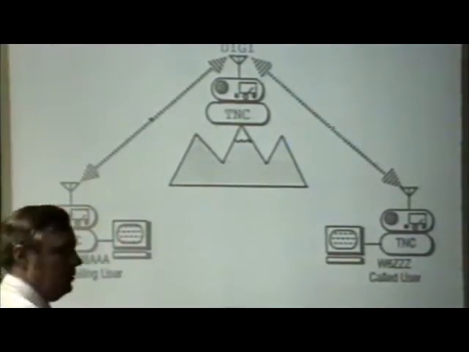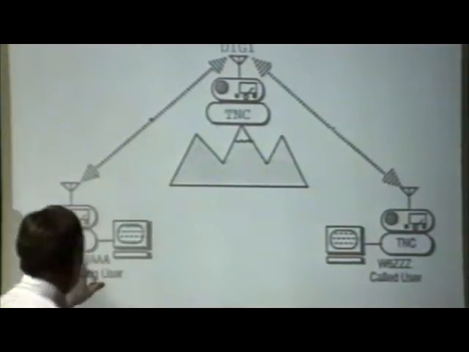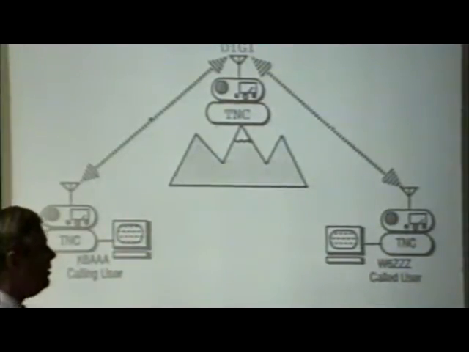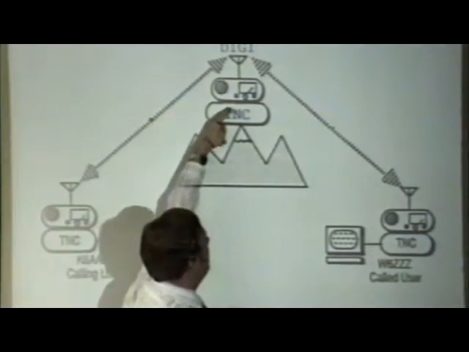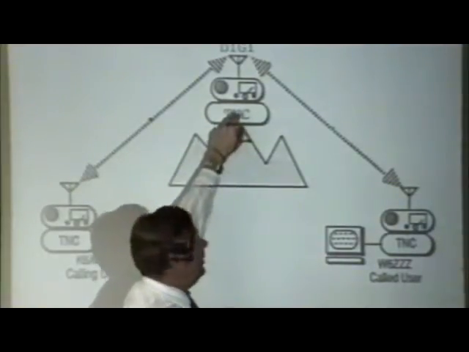So what happens when you're using a digi environment is when K6AAA says, you know, connect to W6ZZZ via N6 NET-1, the SABM goes out, the TNC does get it error-free up here in the digi on the mountaintop.